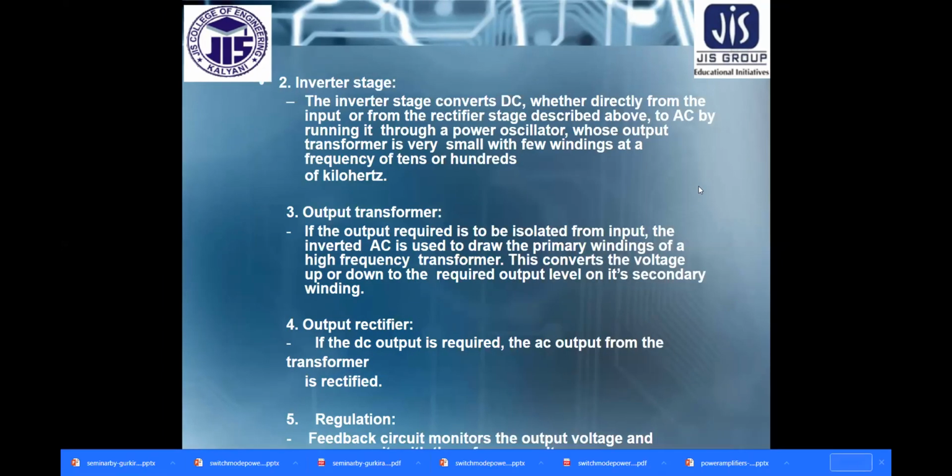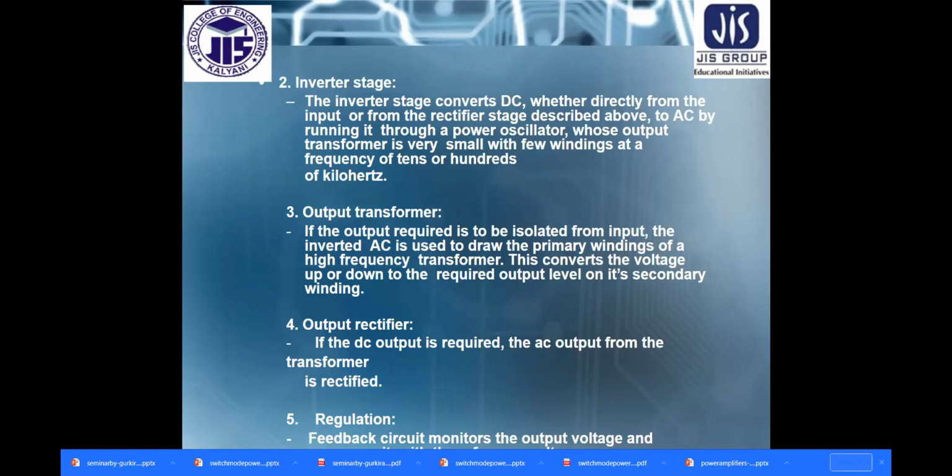Next is inverter stage. The inverter stage converts DC, whether directly from the input or from the rectifier stage described above, to AC by running it through a power oscillator whose output transformer is very small, with few windings, at a frequency of tens or hundreds of kilohertz.